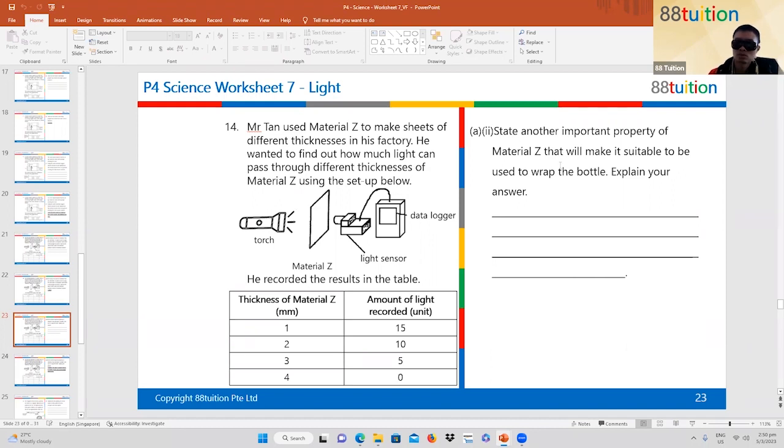Valerie, to wrap a bottle, what property must the material have? Property that is flexible.